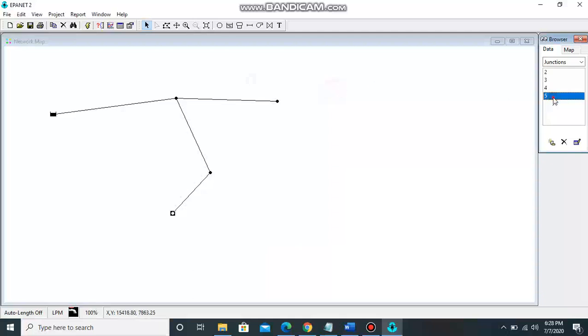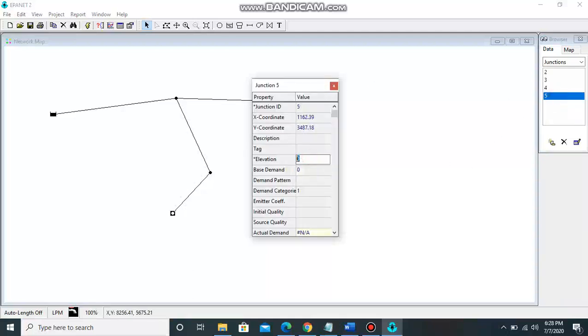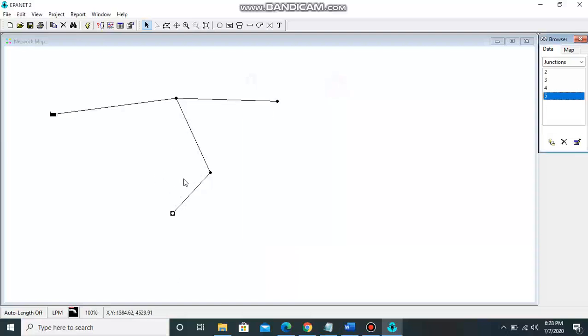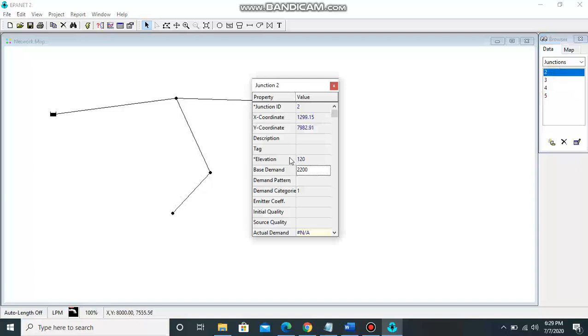Then junction 5, elevation is 80, base demand is 2600. So you have now the corresponding demand and elevation of the junctions. This is just my example. In reality, for the junctions you must use the actual elevation.